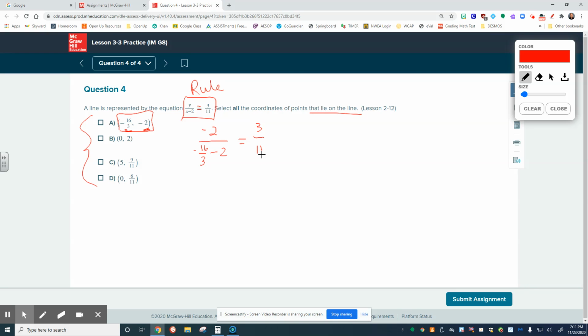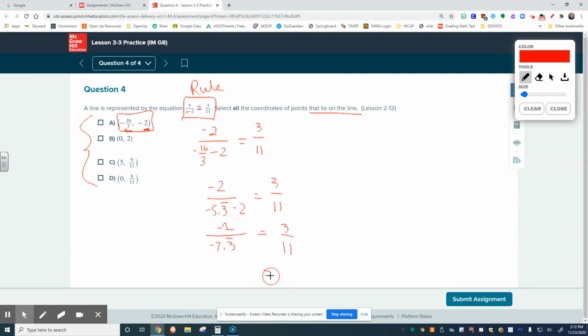On the bottom, 16/3 is the same thing as -5 3/10 repeated, minus 2. And I know that -5 3/10 minus 2 is going to be -7 3/10 repeated. And my hope is that that's going to be equal to 3/11.